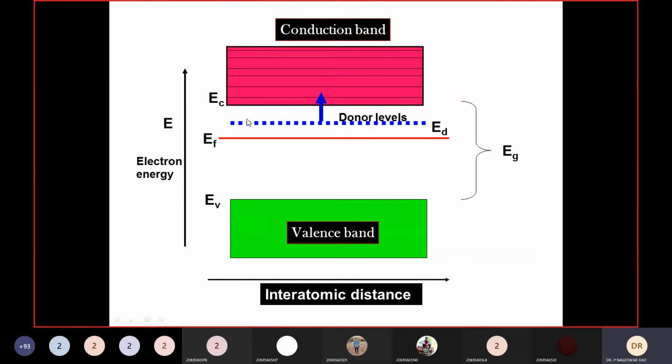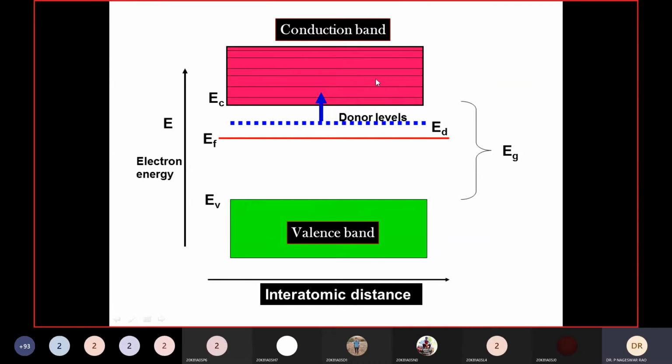If you give even a very little amount of energy, what happens? The energy gap between the conduction band and the donor level is very small. That's why, with little energy, these donor electrons go to the conduction band and are involved in the conduction process.